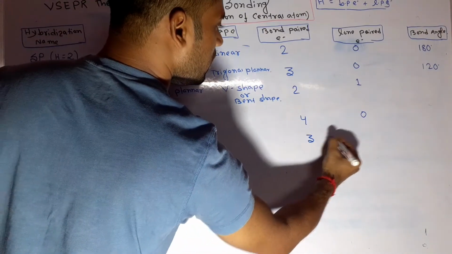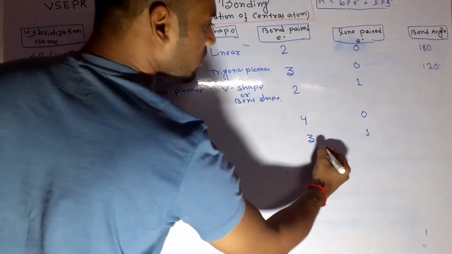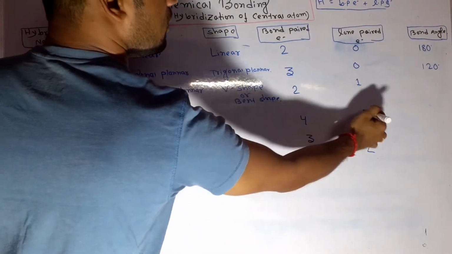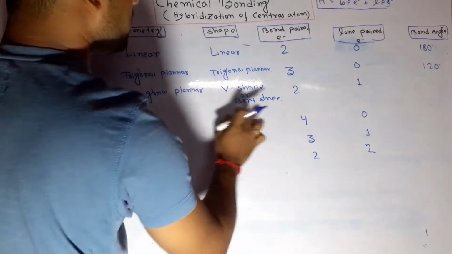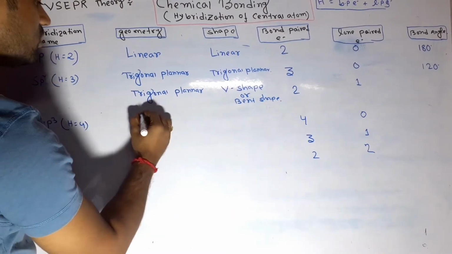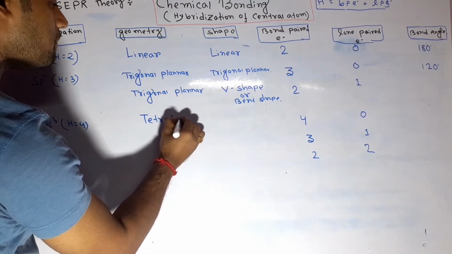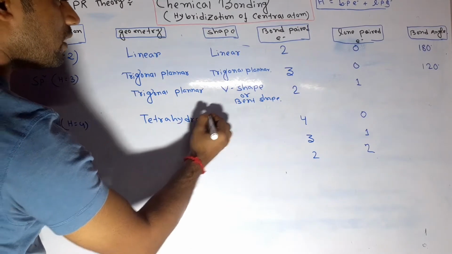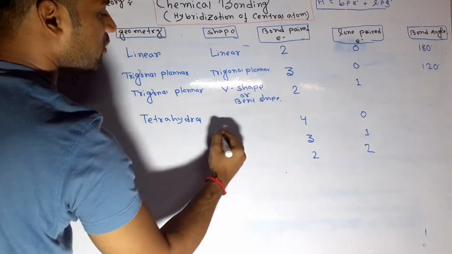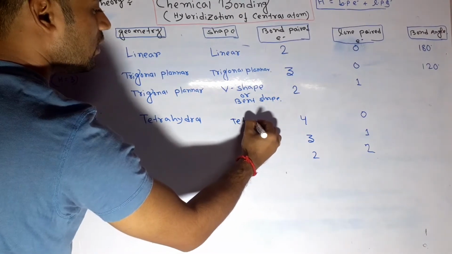The second possibility is 3, 1, and then 2, 2, each adding up to 4. In the first case, the lone pair is absent, so the shape and geometry are the same: tetrahedral.